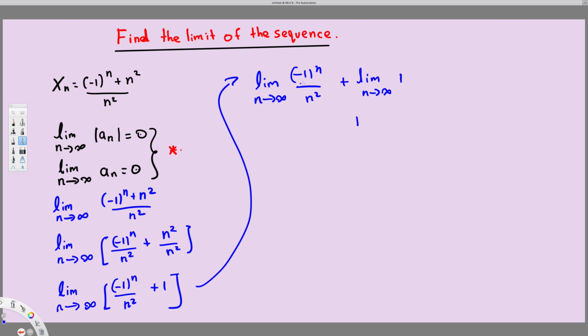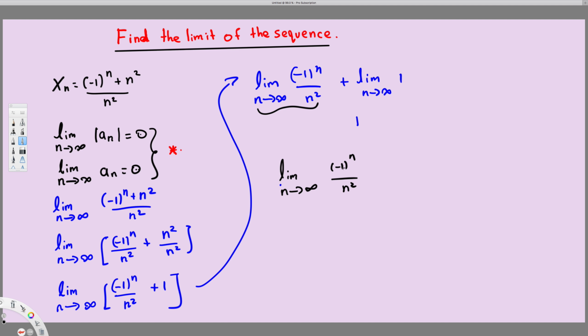So let's take this part alone and use the absolute value theorem. We're just going to take only this part right here: the limit as n approaches infinity of (-1)^n over n squared.